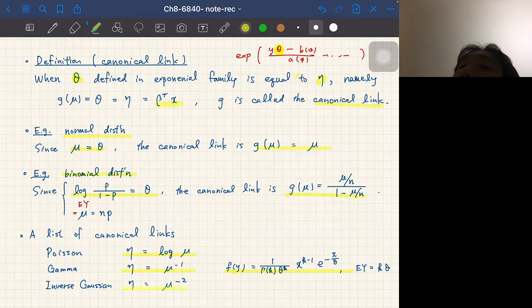And the inverse Gaussian distribution is basically related to the time that a normal process, I mean Brownian motion, reaches a certain level, so the random variable represents the time to achieve a certain level for the Brownian motion. For that one, the link is eta equal to the mu inverse. So this is the general theory of the link function. We can define any link function, but usually the canonical link is the best choice.